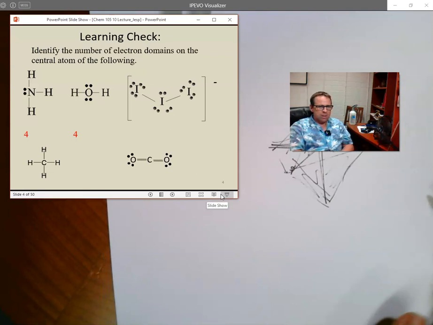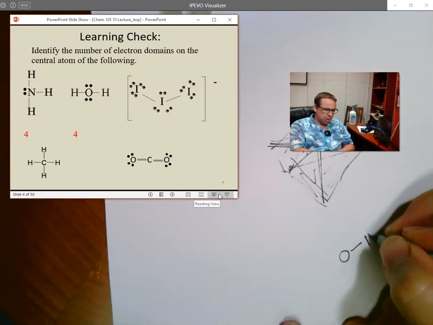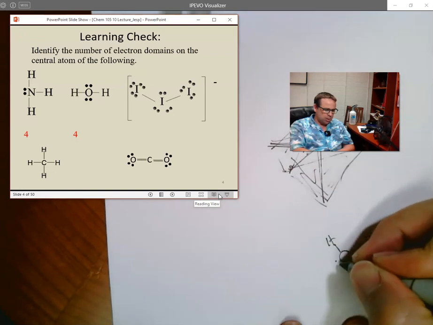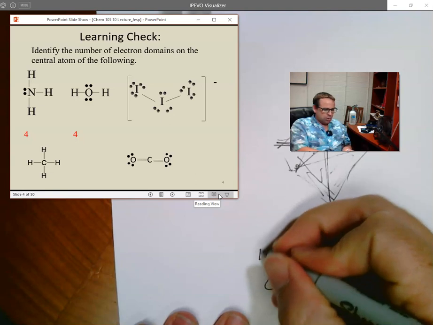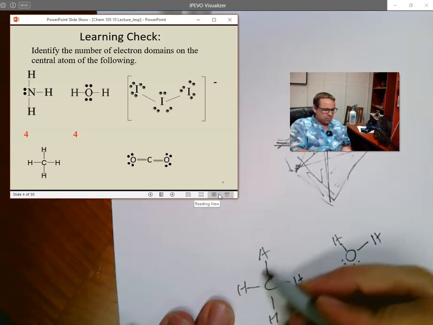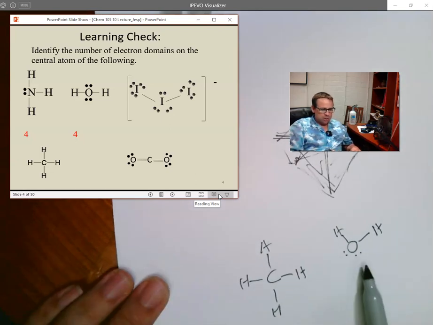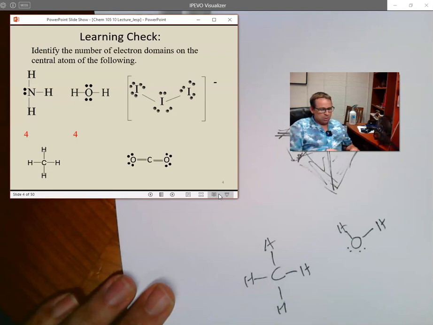The regions of electron density are the same, and so you have water: central atom, bonding hydrogen, non-bonding electrons. In CH4, 4 regions of electron density. So the angles between these are pretty similar. The non-bonding regions squeeze these in just a little bit, but it's very close to 109.5.